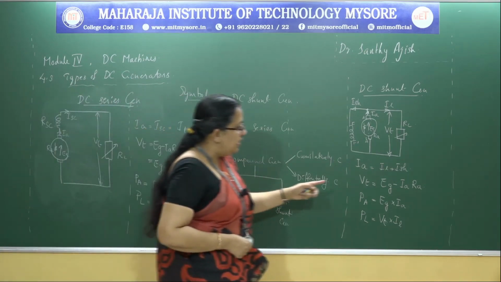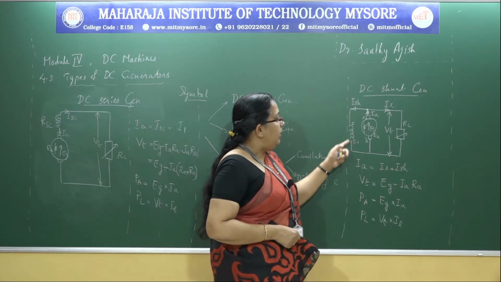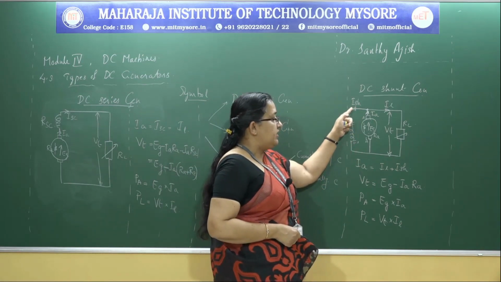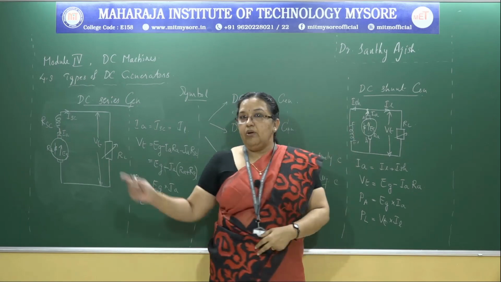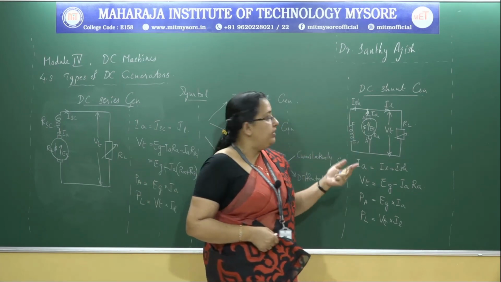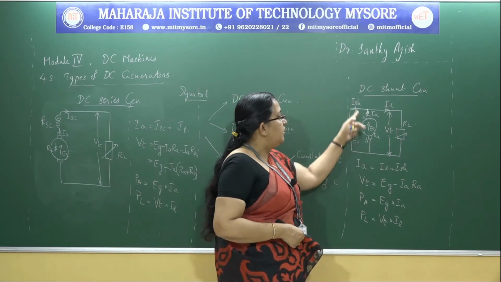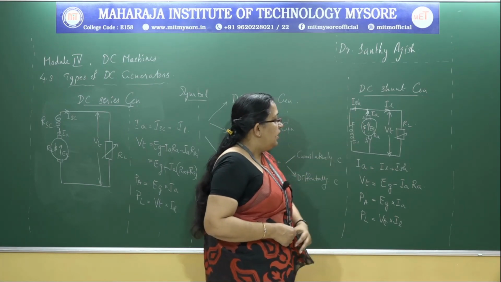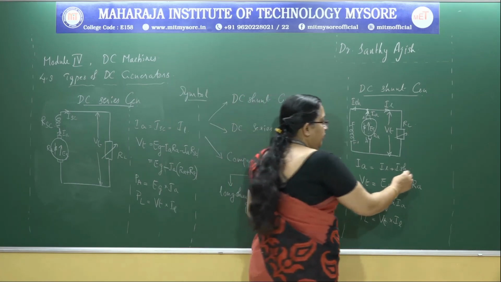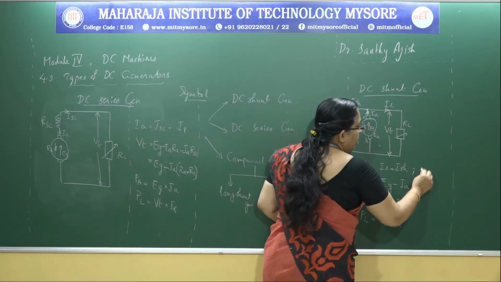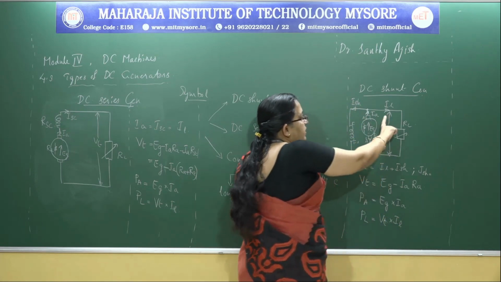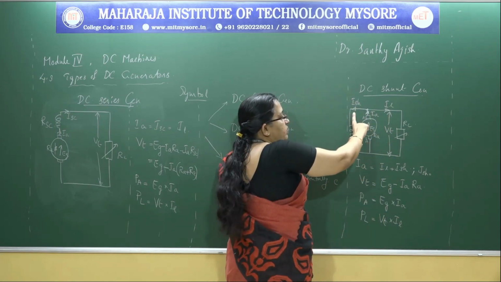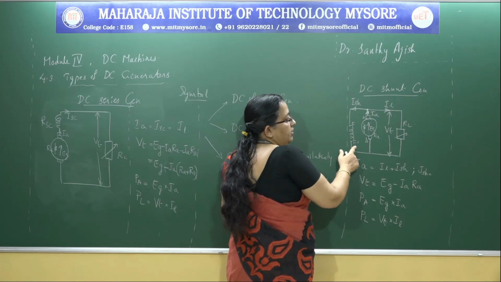In this case, if we have to calculate the current ISH, because they all are in series, you don't have to calculate it separately. But in case I need to calculate ISH, this VT is the same as the voltage which comes across the field.